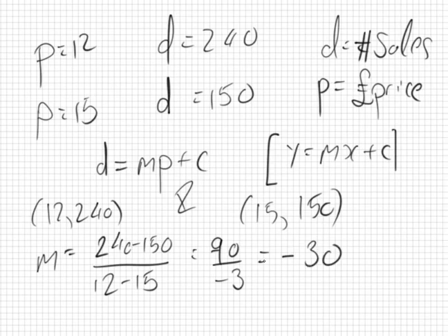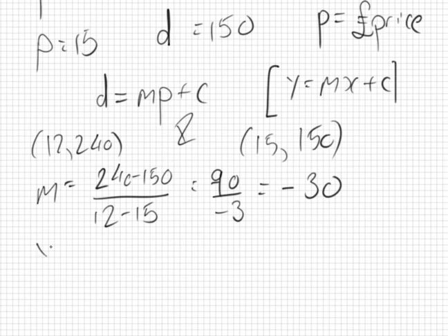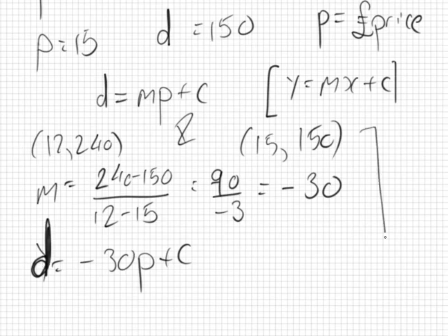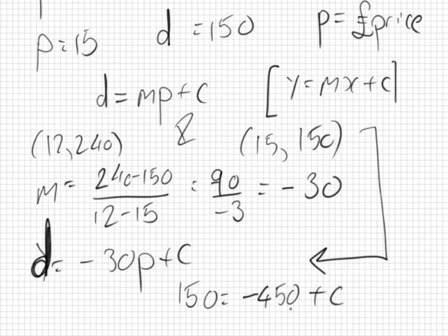Now, once you have the slope, how do you find the C? Substitute in a point. Let's pick the smaller one to put in. So D equals minus 30 times 15. What's that? Minus 450 plus C. Yes. So C equals 600.